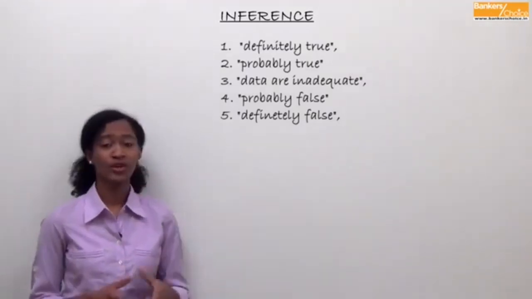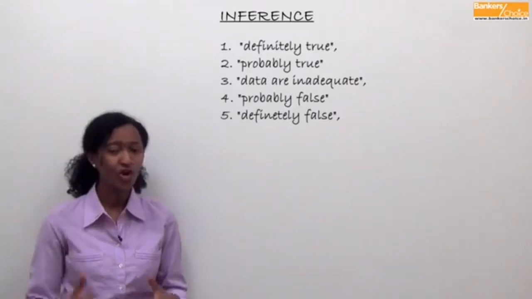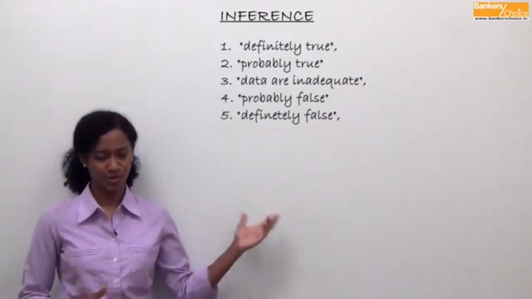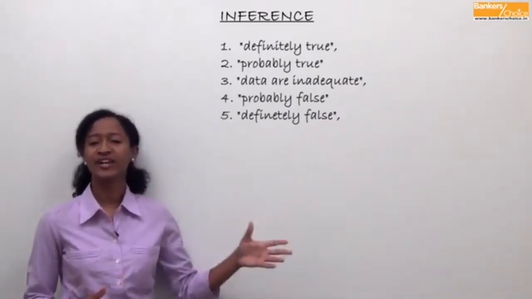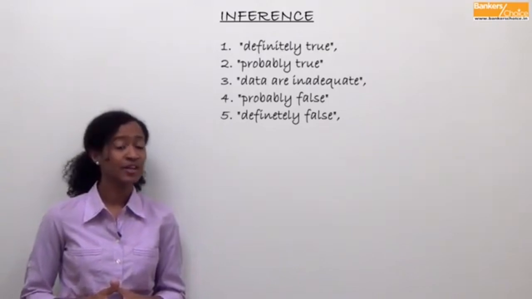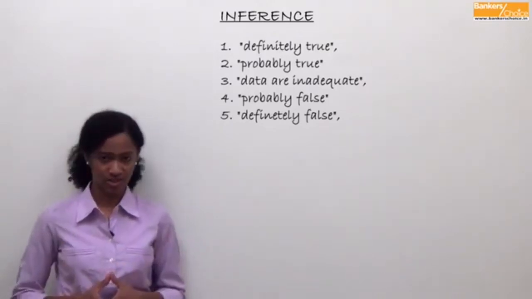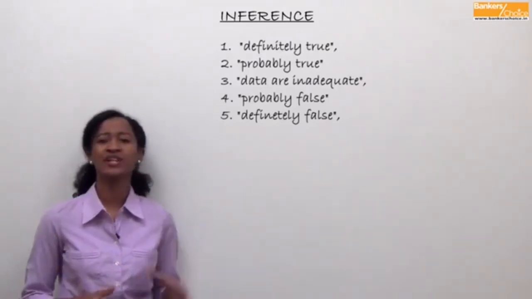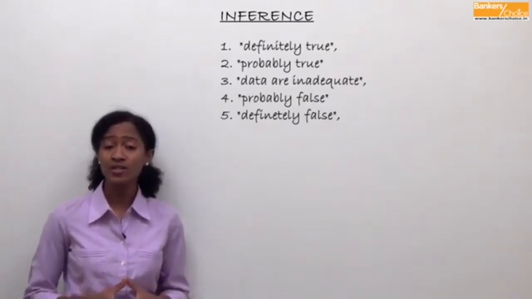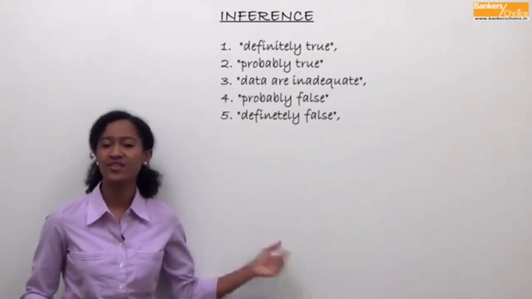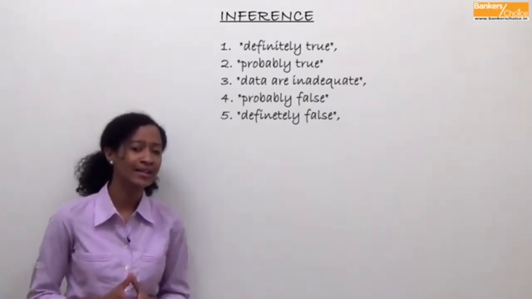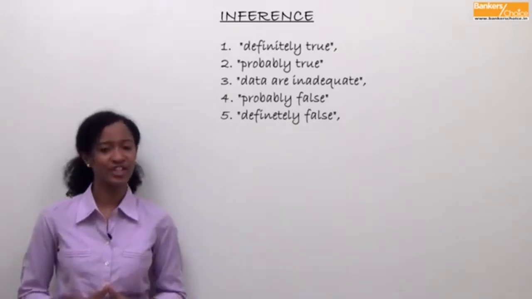For option 4, if the statement inferred is probably false, then we will click option 4, and option 5 is when the statement inferred is definitely false, meaning to say that we cannot possibly draw this inference simply because it contradicts the facts given in the passage. Then I will click option 5, which is definitely false.